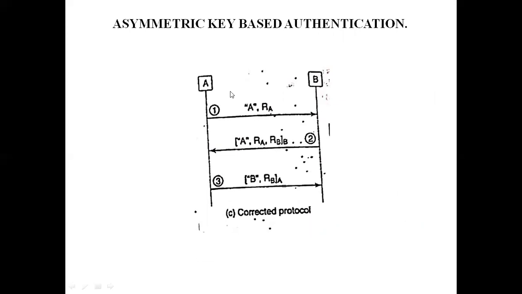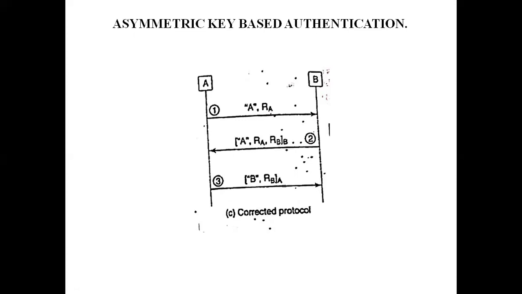Here A sends its identity A with its nonce RA to B. B sends its nonce RB, including the previous message, and the third message contains a response to C's challenge and thus completes the mutual authentication protocol with C. One solution to the problem is to include the identity of the recipient in all the messages signed by the sender.